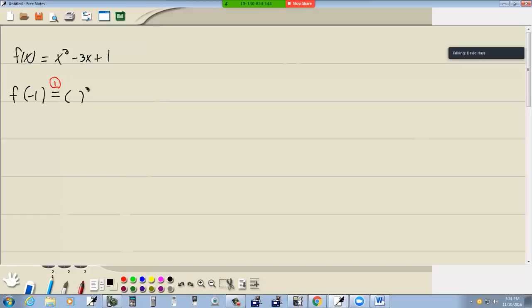So I got parentheses squared minus 3 times parentheses plus 1. Step 2. Plug in whatever we're evaluating for into the parentheses. Now it's always the same. Whatever's inside the parentheses right here is automatically what we put in right here and right here. So put negative 1 there and negative 1 there. Negative 1 squared is 1. Negative 3 times negative 1 is positive 3 plus 1. And 1 plus 3 plus 1 gives us 5.